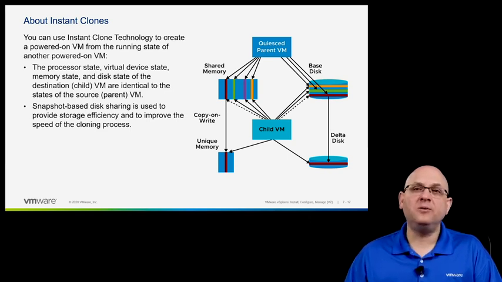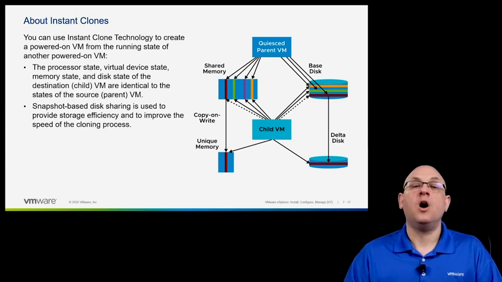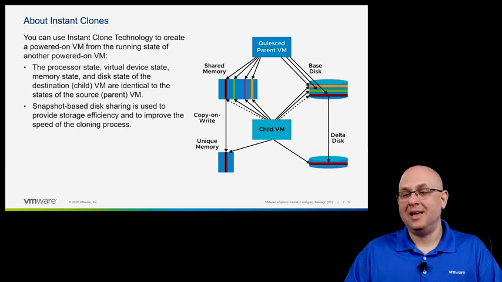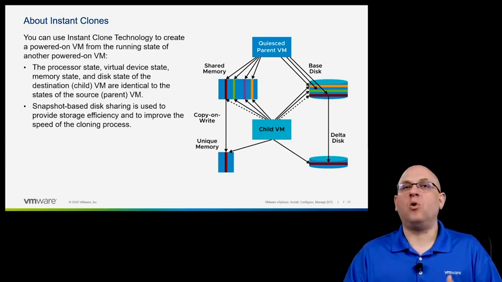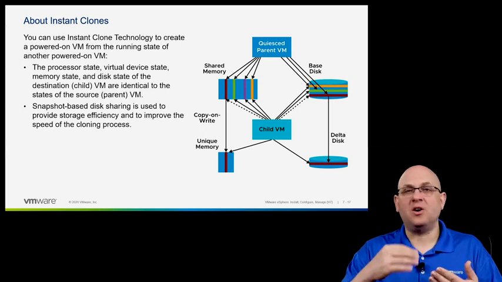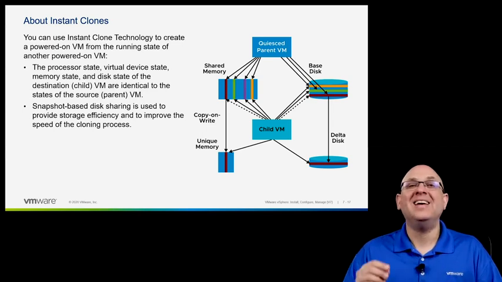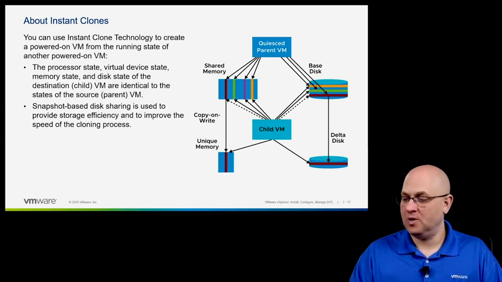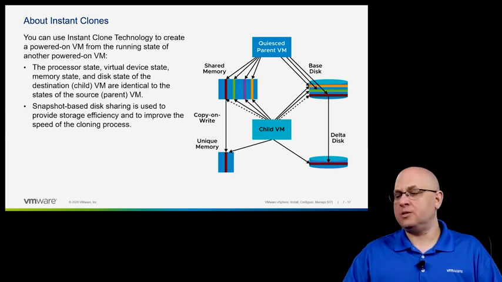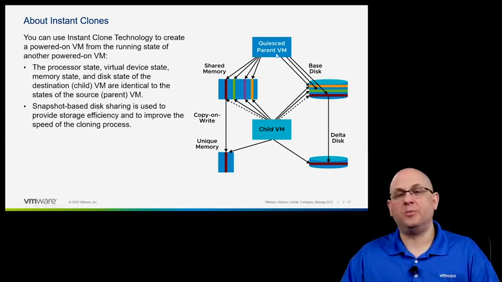And then you'll see if you choose to use systems like Horizon Virtual Desktops, instant clones are the primary way that we deploy new virtual machines over and over again in just a couple of seconds apiece. What we're going to do is we're going to start with a parent virtual machine.